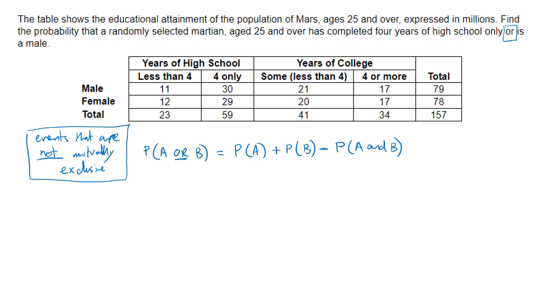So the probability of 4 years of high school or is a male would have to equal the probability of 4 years of high school plus the probability that this person is a male minus the ones in common, or the ones that are both 4 years high school and male.